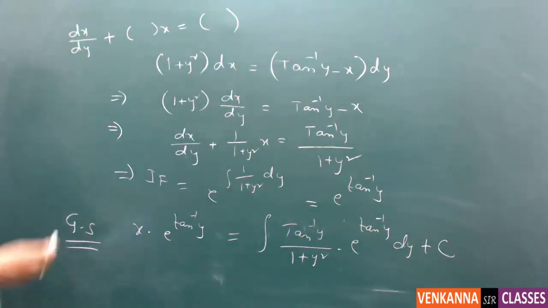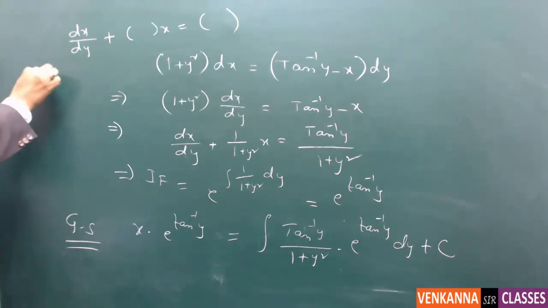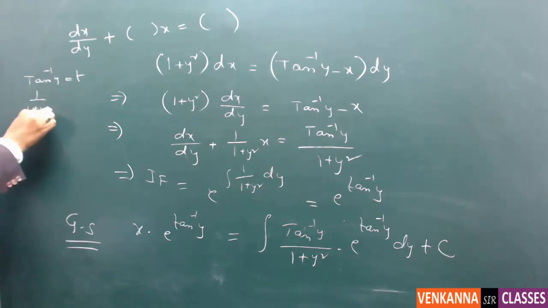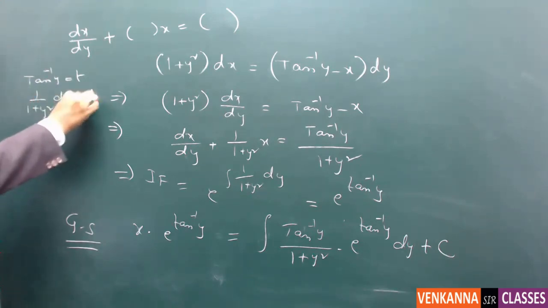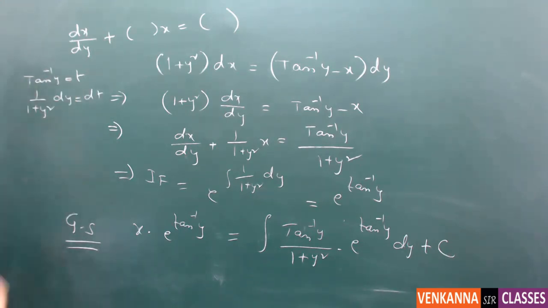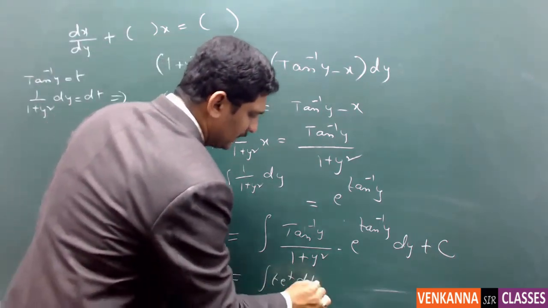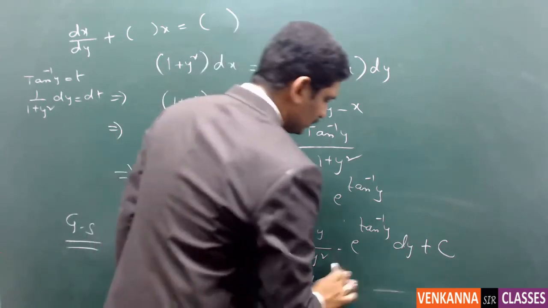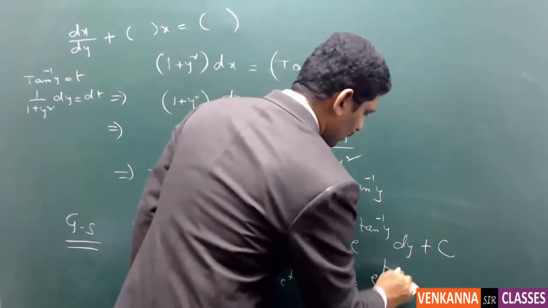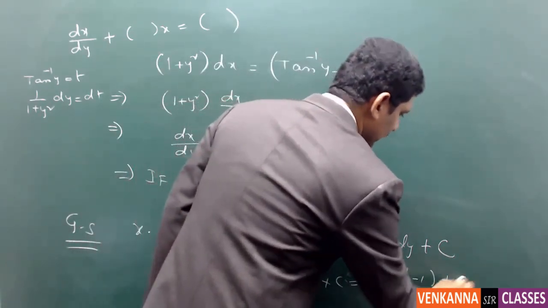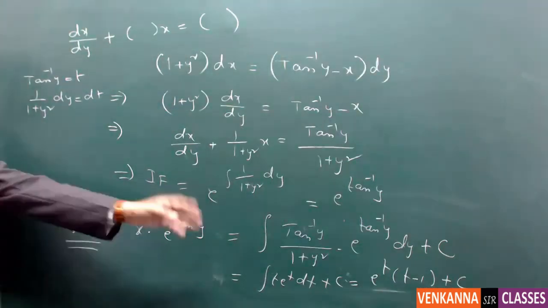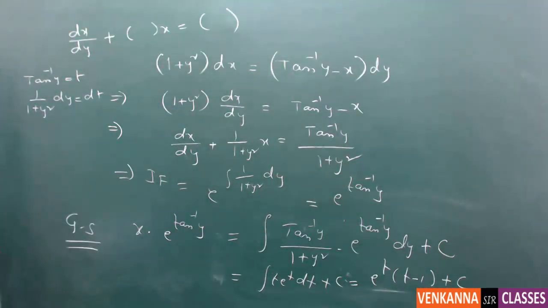To evaluate the integral, you take tan inverse y equal to t. So 1 by 1 plus y square dy is equal to dt. Substituting these values, it will come under the form t e power t dt plus c, which equals e power t into t minus 1 plus c, and you substitute what t is there. That's all.